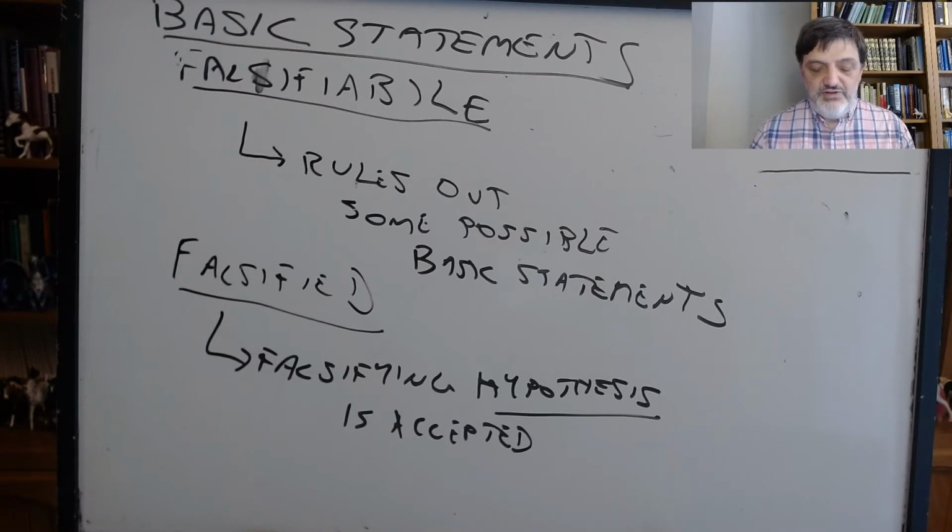So that's how we use the accepted basic statements to falsify the theory. We make some observations that contradict the theory, and we have a hypothesis that implies those observations. And at that point, we can decide to accept that falsifying hypothesis and therefore to reject the theory.